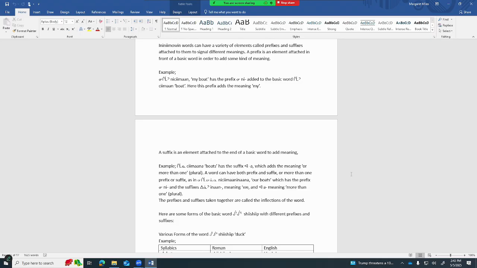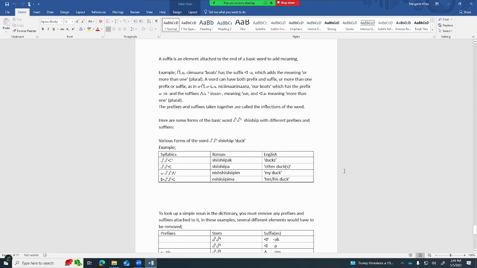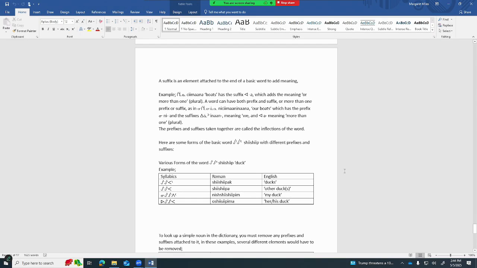So here's another example. The basic word is shishib, meaning duck. There are three columns, syllabics, Roman and English. The first one, written in syllabics, shishibag, ducks. Shishiba, other ducks.